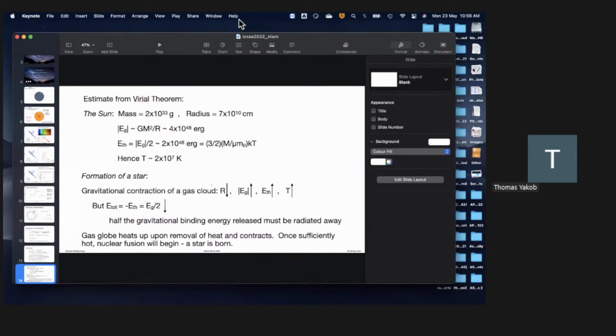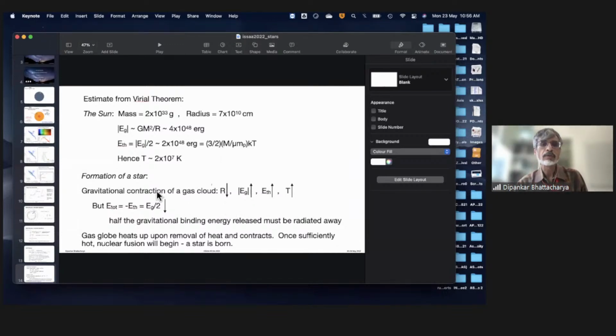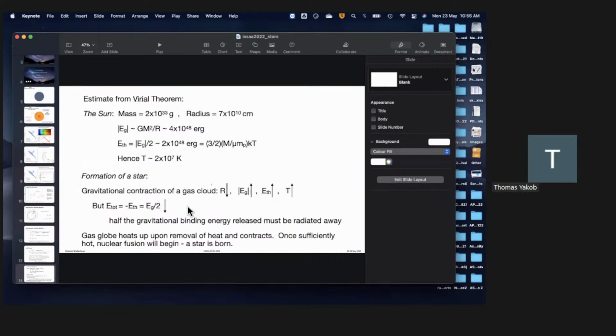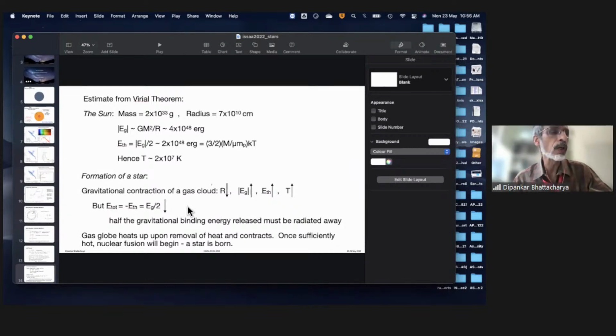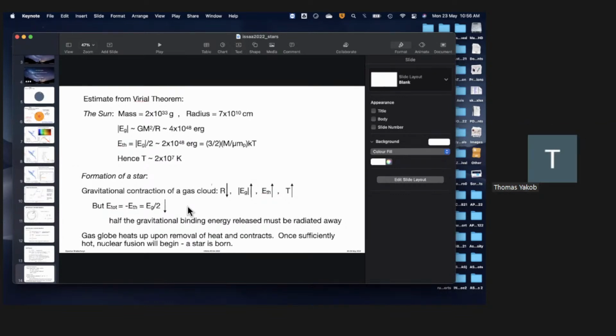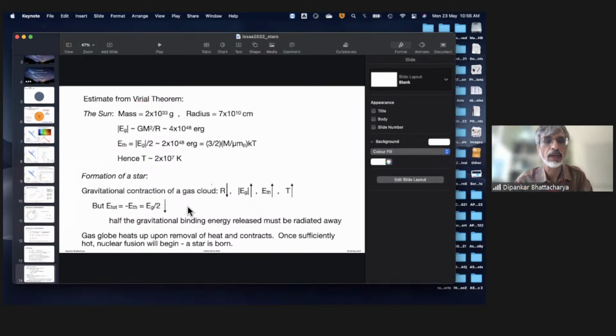But while the formation of the star, it is instead trying to increase the energy. No, no, this is what this shows. As it contracts, the total energy keeps going down. The thermal energy goes up, because the thermal energy is only part of it. So it gets hotter, but the total energy goes down.